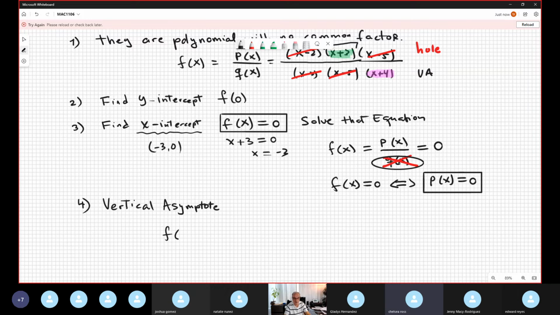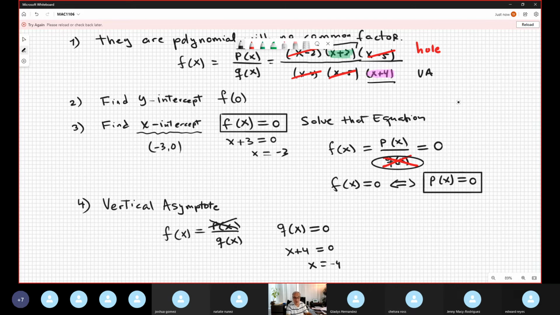You take f of x equals p of x divided by q. And that part, p, is not important for me now. You take q, and you enforce the q to be 0. Of course, the q that stays alive, in this case, is x plus 4. Equals 0, x equals negative 4.